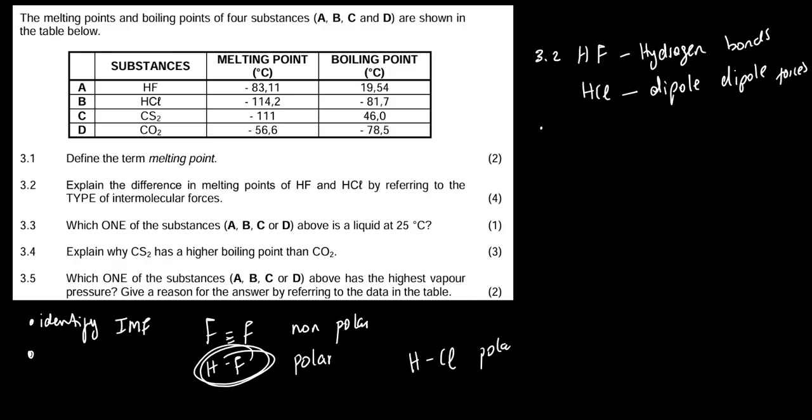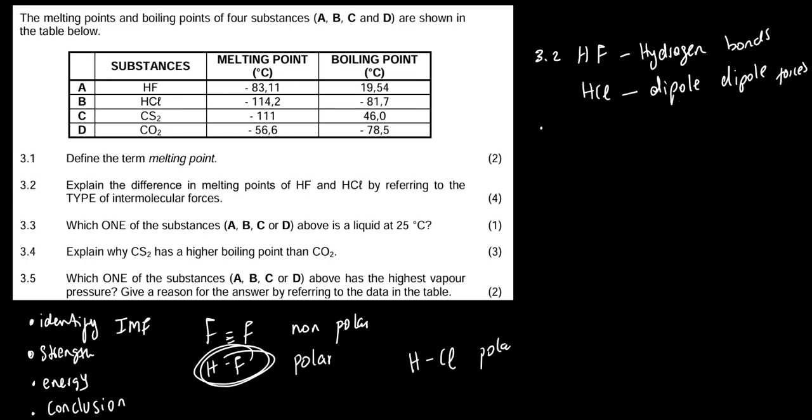If you're comparing two molecules, the first thing to always do is to identify the intermolecular forces in each of the molecules. And then after that, you talk about the energy and the strength of those intermolecular forces. Then you talk about the energy, and then you conclude. ESEC. Then you conclude.